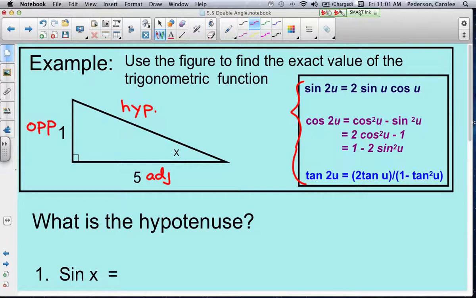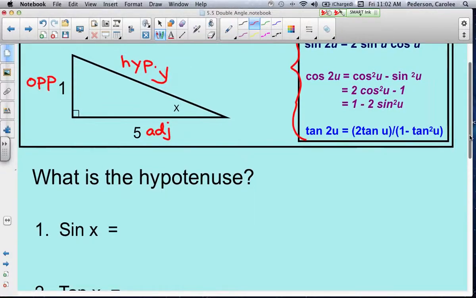So if you remember the Pythagorean theorem, a squared plus b squared equals c squared, let's go ahead and find this value for y. So to set up the Pythagorean theorem, a squared plus b squared equals c squared, which is our hypotenuse. 1 times 1 is 1. 5 times 5, 25, equals y squared.